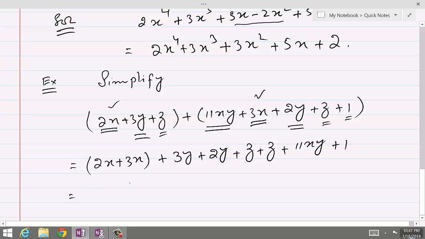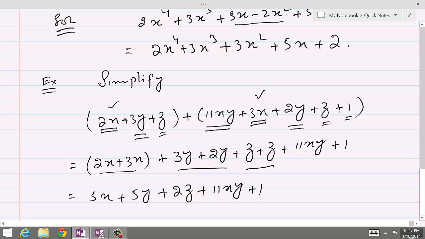Now let's perform the indicated operations. 2x plus 3x will become 5x, plus 3y plus 2y will become 5y, and plus z and z will become 2z, plus 11xy plus 1. So this is the sum of the polynomials. But remember, this is all about identification of like terms and then grouping the like terms together, rearranging and writing the answer.